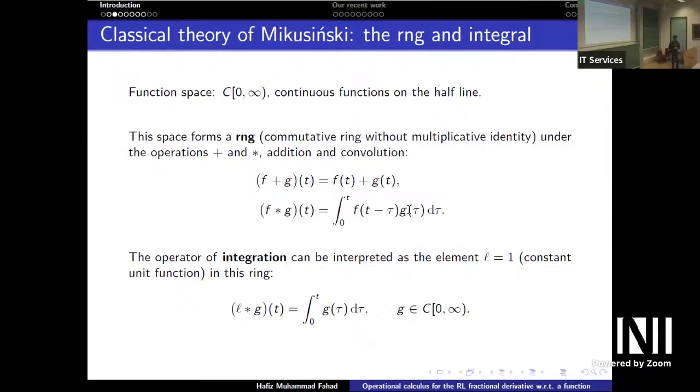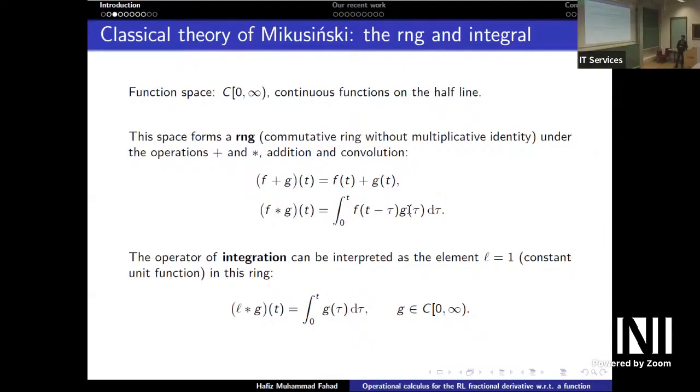First, we choose the function space C0 infinity, which is the space of continuous functions defined on the interval 0 to infinity. This space forms a commutative ring without multiplicative identity, with the operations plus and star.